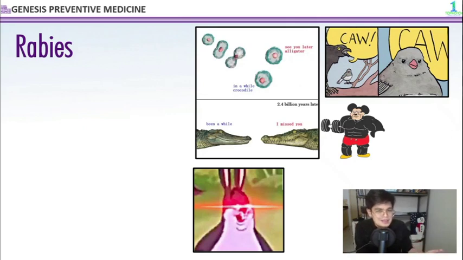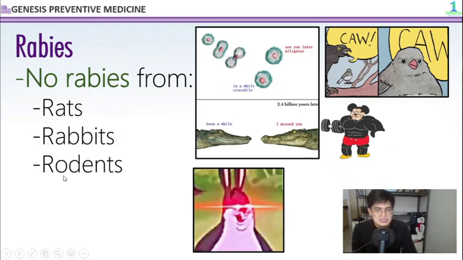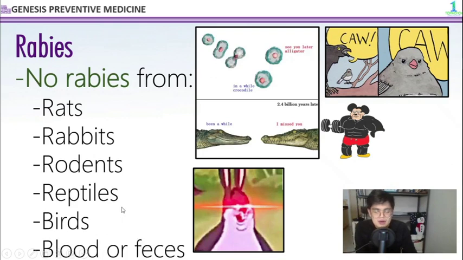Do they need to have rabies vaccination? So you can't get rabies from the following animals: rats, rabbits, rodents, reptiles, and birds. Is there anything else? Yes, you can't get rabies from blood or feces as a method of transmission.